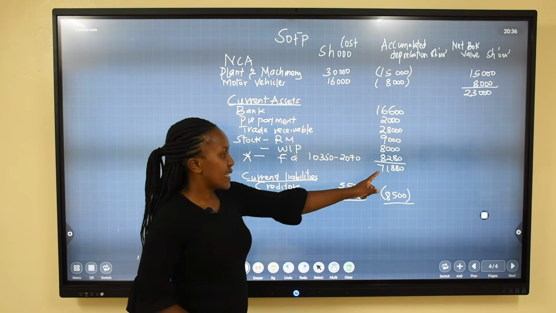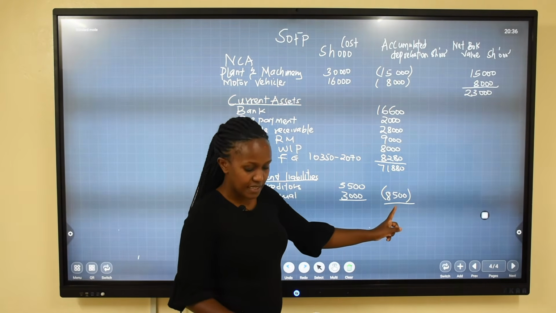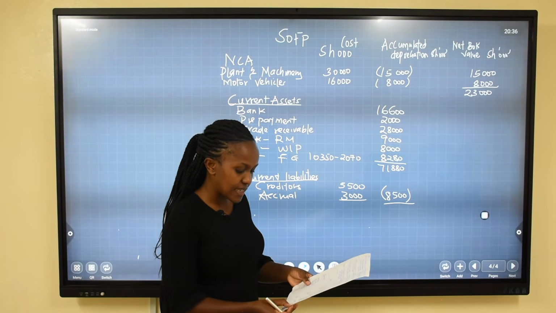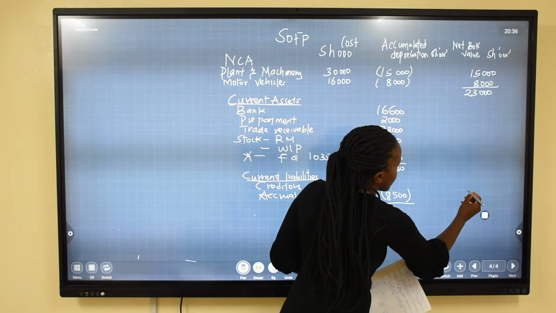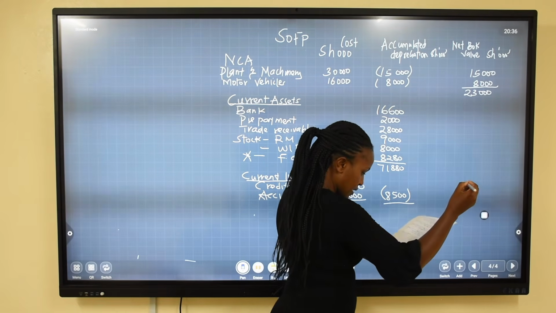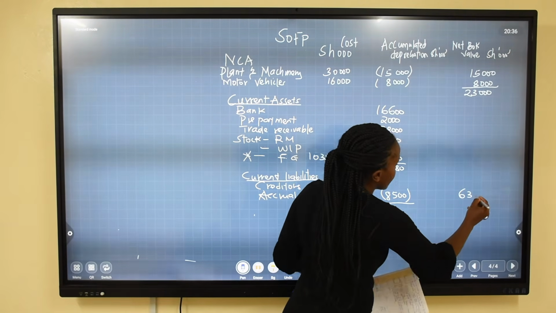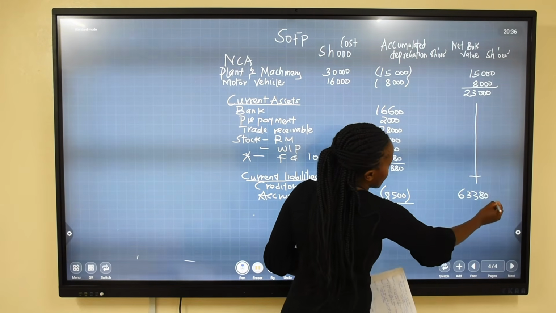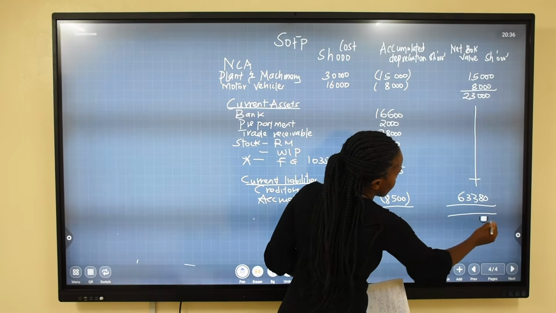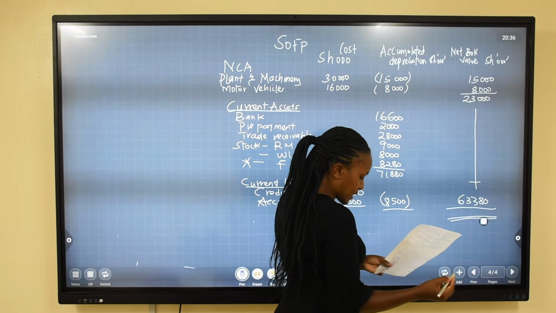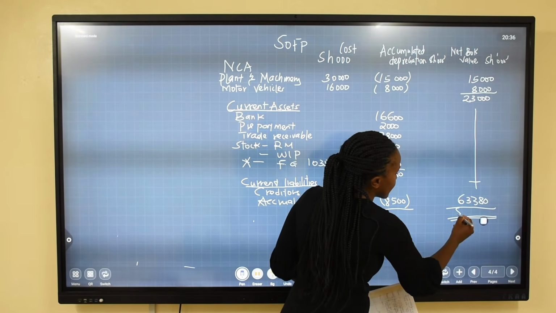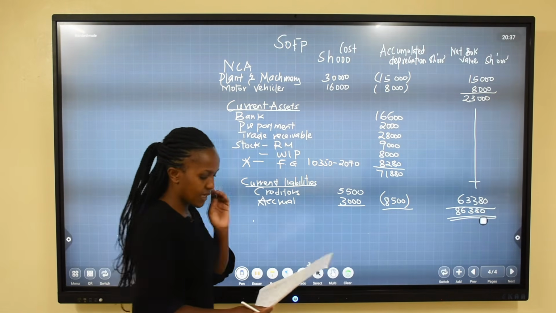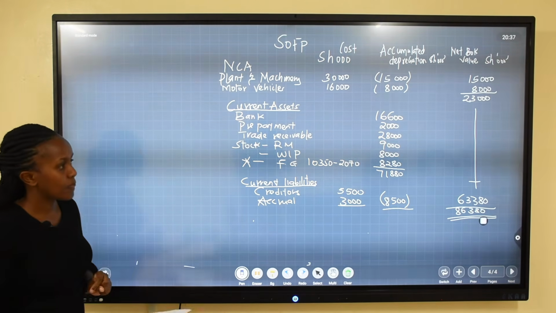So we are saying current assets minus current liabilities, giving us the working capital. The working capital is 380, which we add to the net book value to get the net assets. Our net assets is 86,380. So our net assets is 86,380.